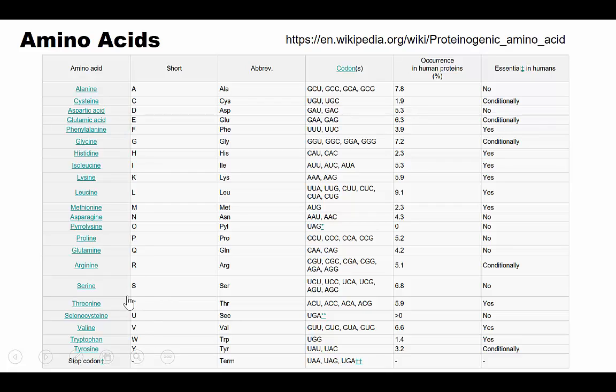Can you find the extra 2 abnormal amino acids here? Did you find them? Yeah, one is here, pyrrolysine. The other one is selenocysteine.